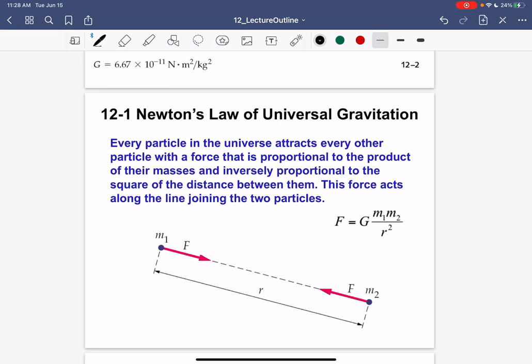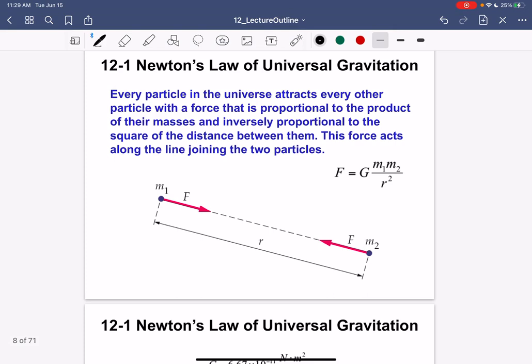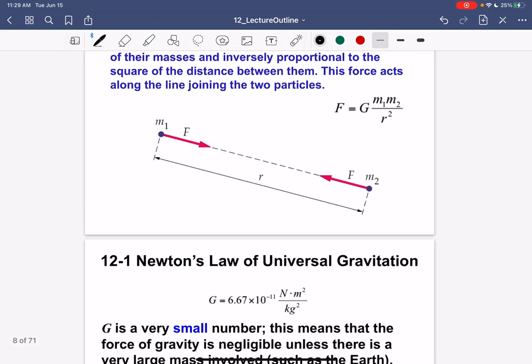The product of our masses, as small masses, is not going to be significant. And it is inversely proportional to the square of the distance between them. This force acts along the line joining the two particles. And remember, these two forces are an action-reaction pair.